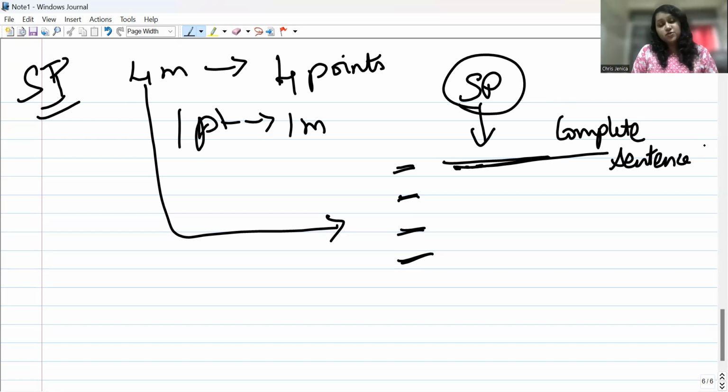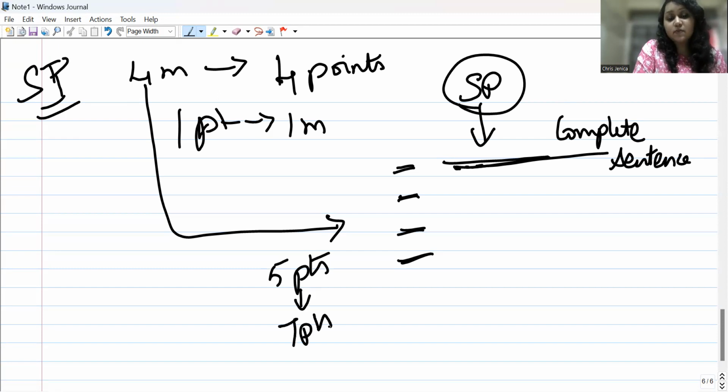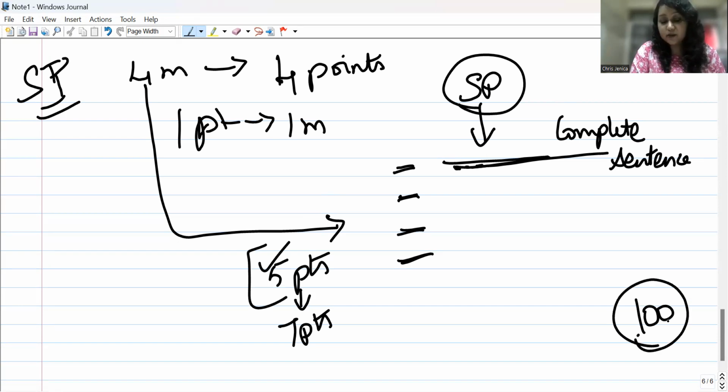And there was a student who asked me, if the question requires me to write 5 points, can I write 7 points in that place? Because I'm not sure about these 5 points, so that I can score marks. I would say, first of all, writing these 5 points and completing your paper to 100 marks itself is difficult.